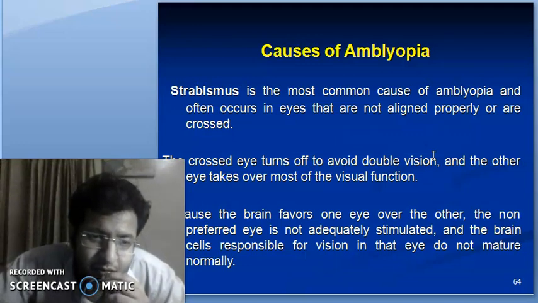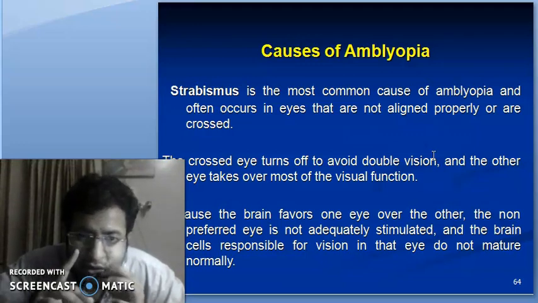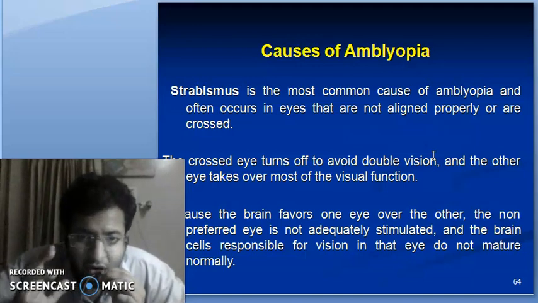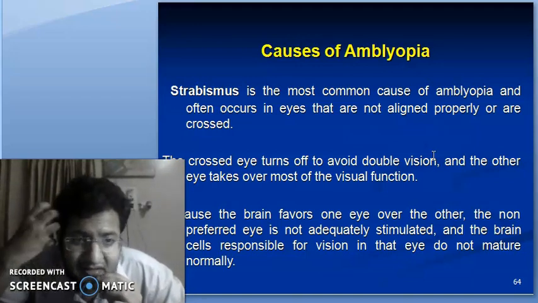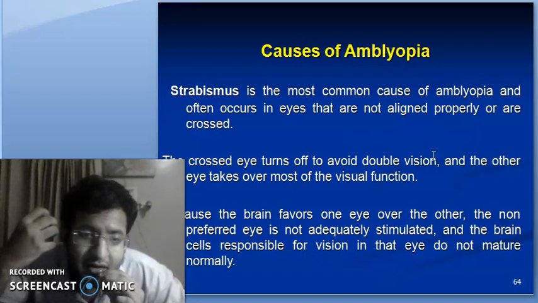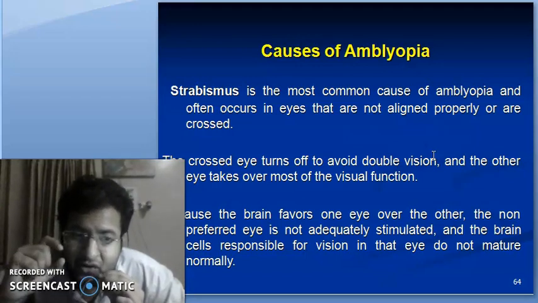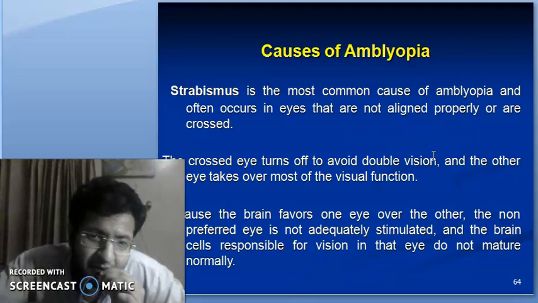There are 4 main causes, of which strabismus is the most common cause of amblyopia, and this often occurs in eyes that are not aligned properly or are crossed. The crossed eye turns off, that is, doesn't send signals to the brain, to avoid double vision because of suppression, and the other eye, which is not crossed, that is the fixating eye, takes over most of the visual function.